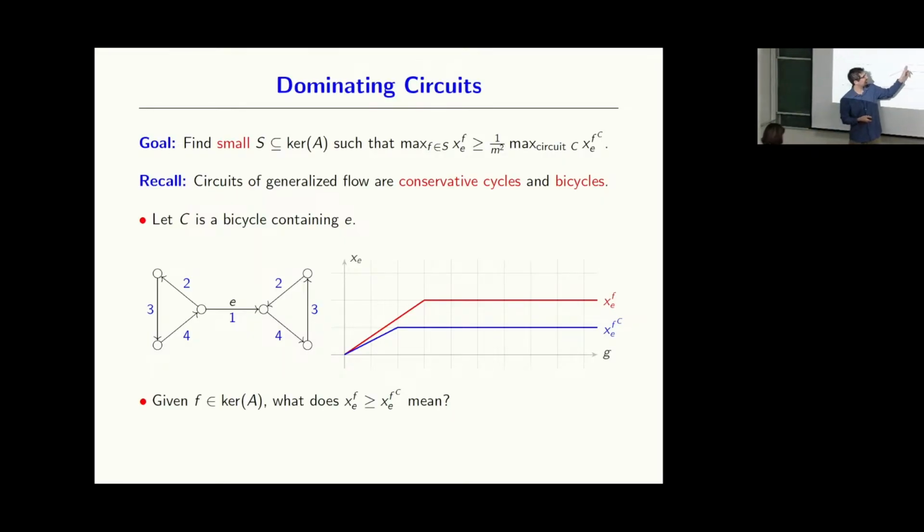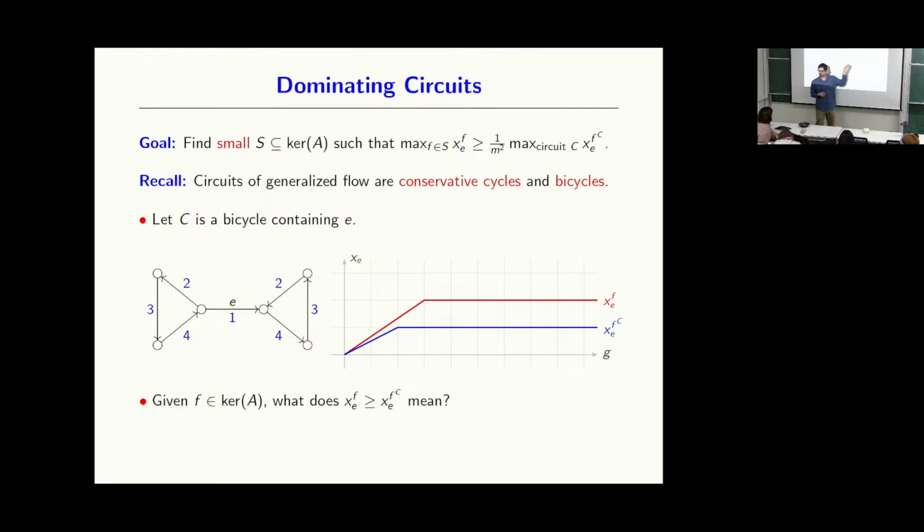Here the circuit corresponding to F is going to do strictly better than this one because it's above everywhere. The way you should think about it is that there are two parts to this thing. There's the flat part, which corresponds to the maximum amount of flow I can get on the edge E in this direction before I leave the feasible region. That corresponds to the top.